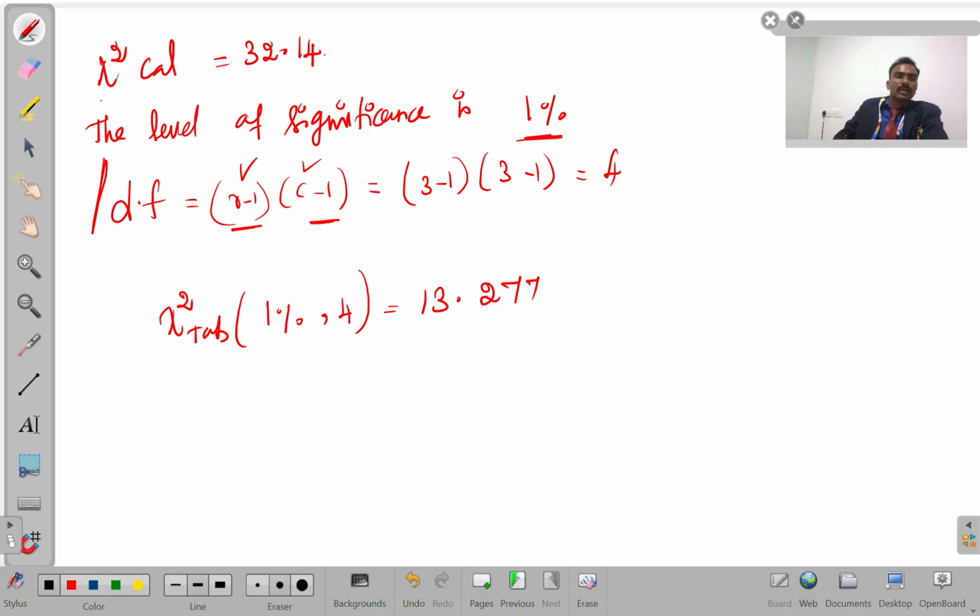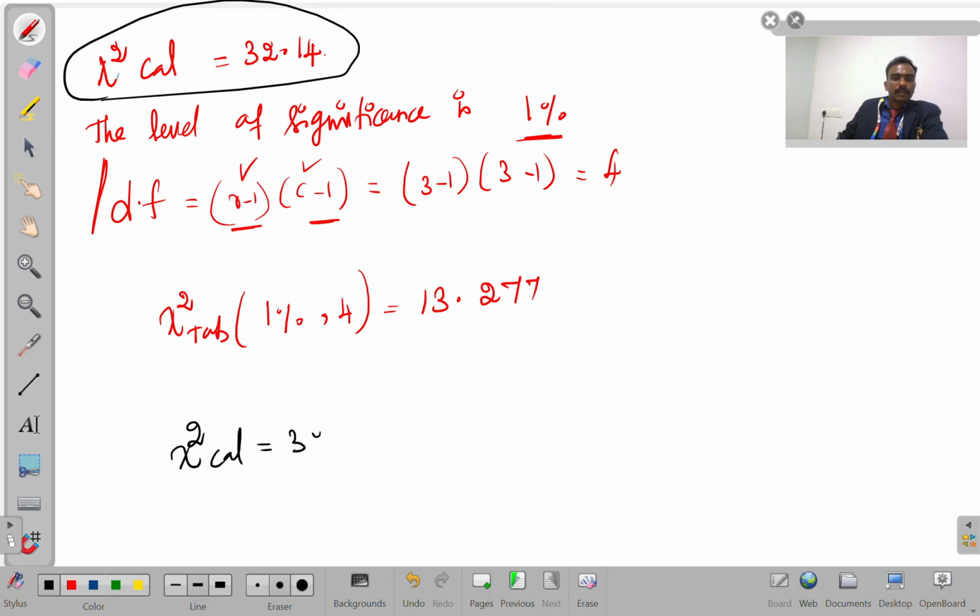The chi-square calculated value is 32.14 and the chi-square table value is 13.277. Just compare the table value.